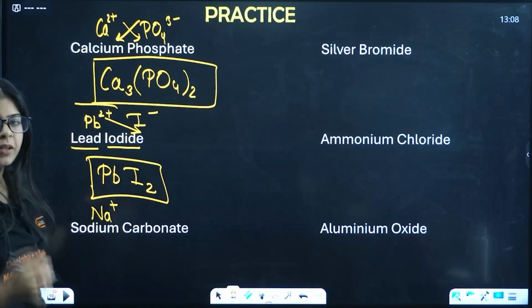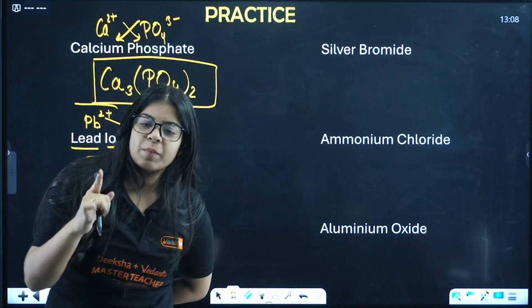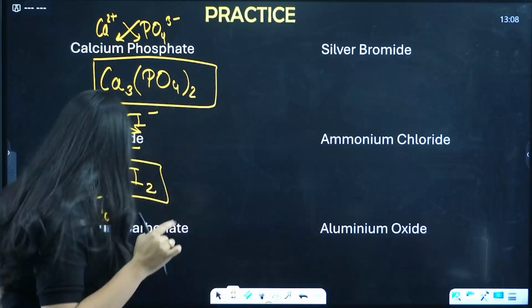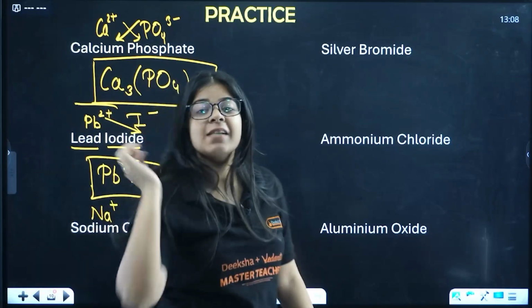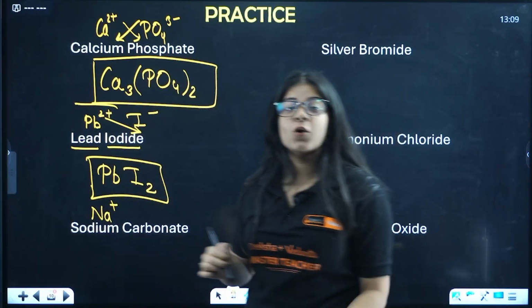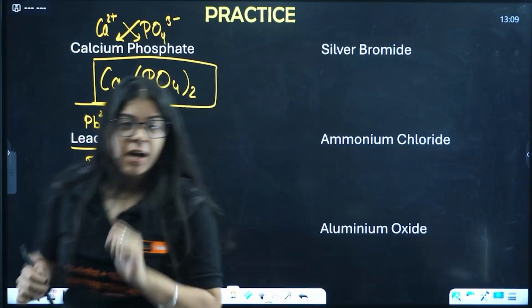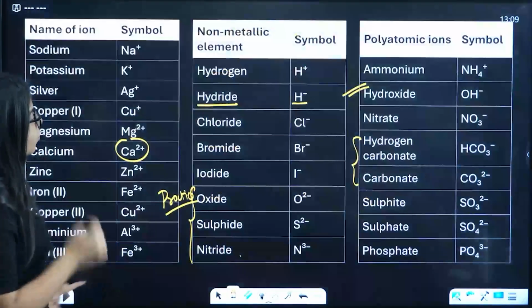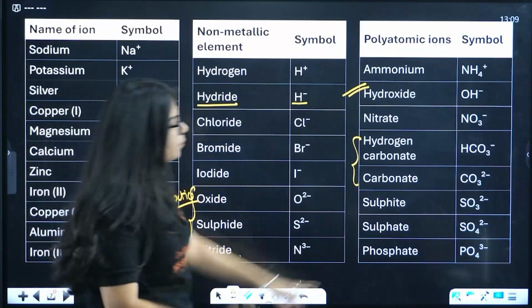Next, sodium carbonate, Na⁺. What is carbonate? Everyone, write down in the comment section right now. Slide number 10. What is carbonate? Carbonate is CO₃²⁻. Again, ma'am, how do you remember? Practice.